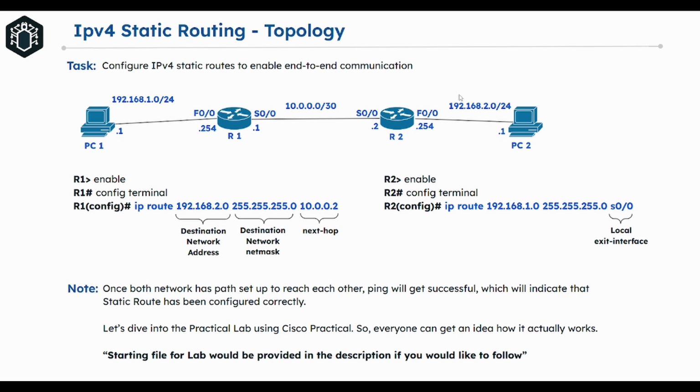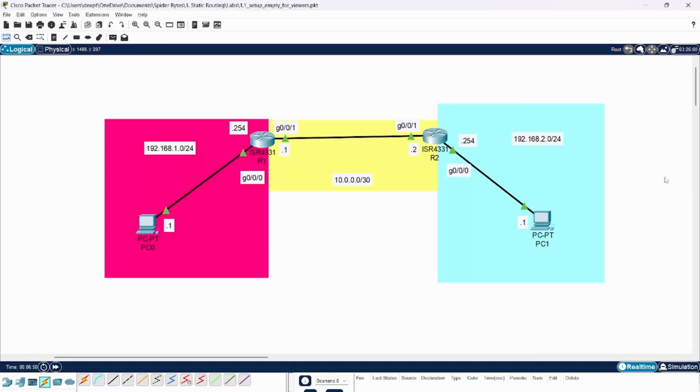So let's dive into the practical lab using Packet Tracer so everyone can get an idea of how it actually works. In this lab, we are going to practice and apply what we have learned so far. To make things easier, the IP addresses for the PCs and router interfaces are already configured, so you don't have to worry about basic network setup.